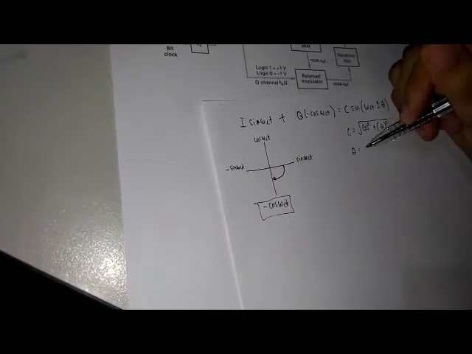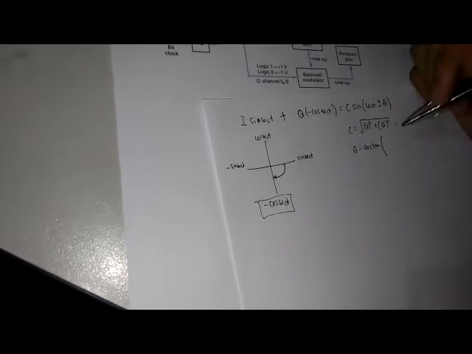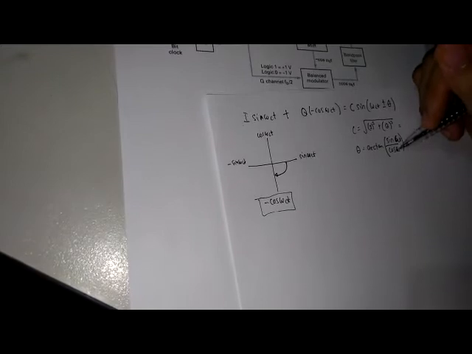And theta is equal to arctangent of sine over cosine, omega ct, to the theta.